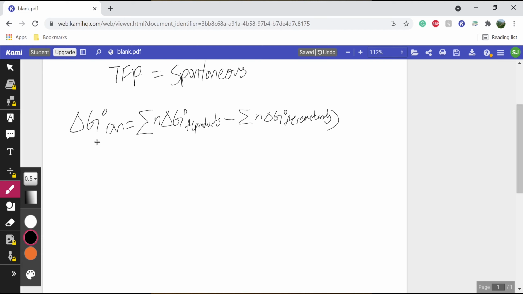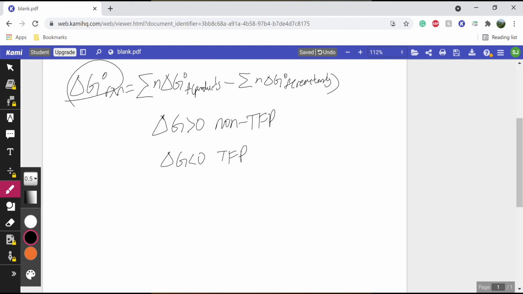And now, if this deltaG number is greater than 0, that means it's non-thermodynamically favorable, non-TFP. If deltaG is less than 0, that means it is thermodynamically favorable.